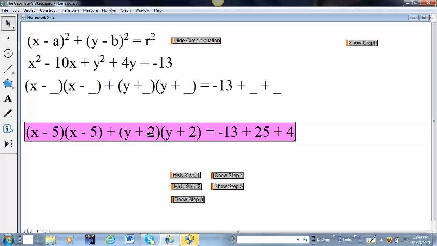Then we have y plus 2. So it's going to be y squared plus 2y plus another 2y. So that's going to take care of our y squared plus 4y. And then 2 times 2, we're adding 4 to the left side. So we're going to have to go over here and add 4 to the right side.